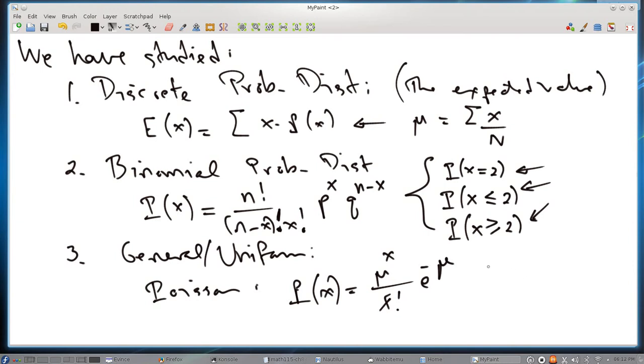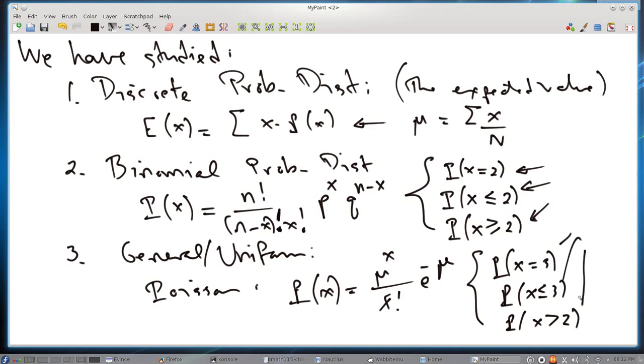And again, you can see here that this Poisson distribution, we can use it to compute, for example, x equals 3, or x is at most 3, or x is greater than 2, or something like that. And you can see here all of these again are dealing with a computation of individual values.